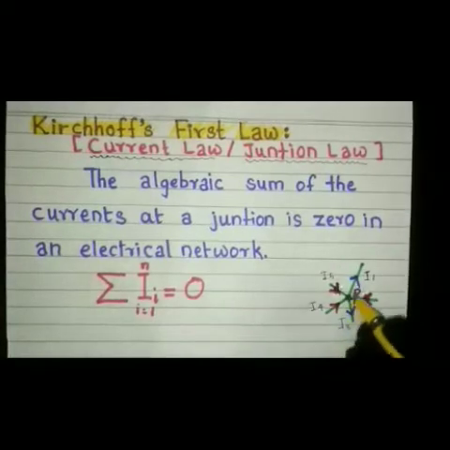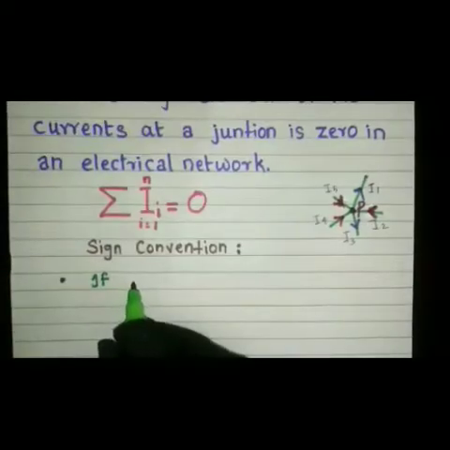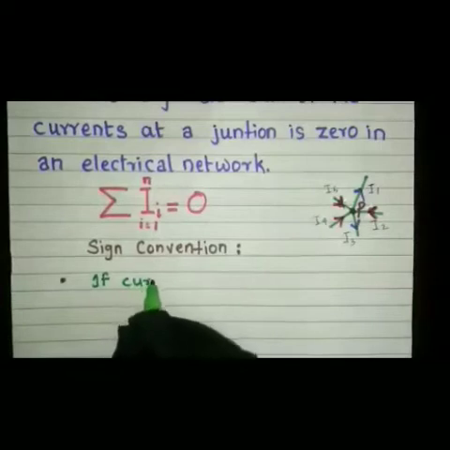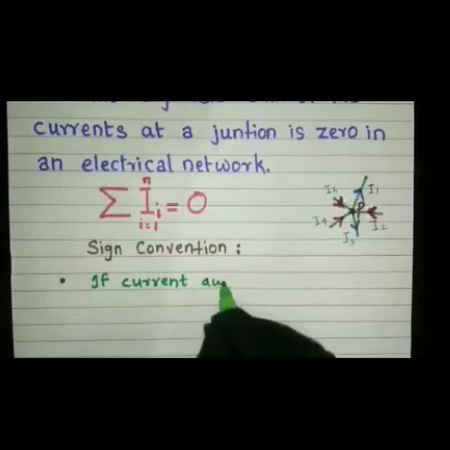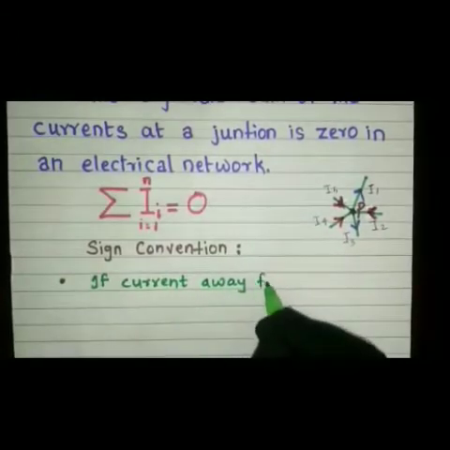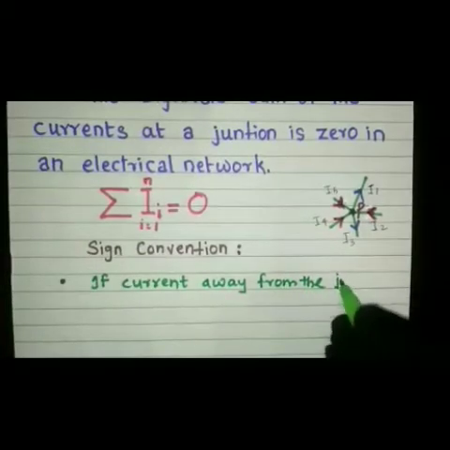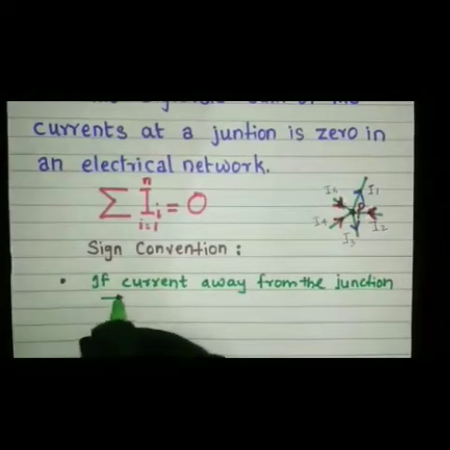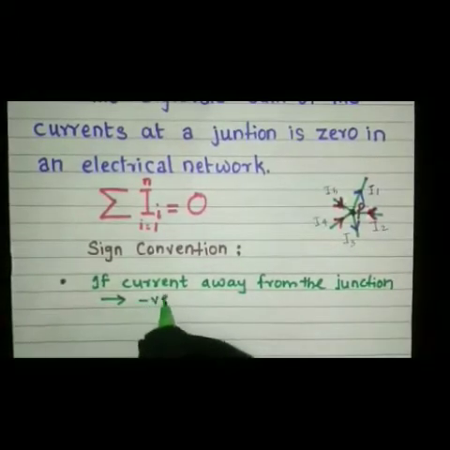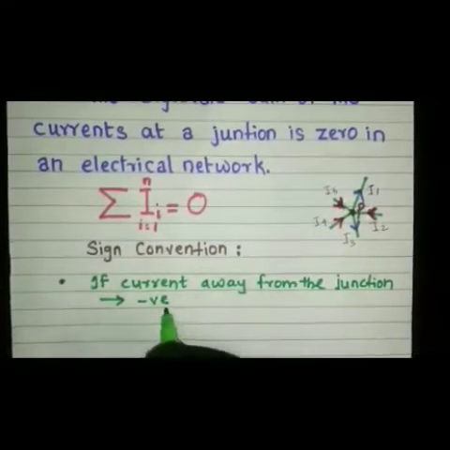So there must be some sign convention, and Kirchhoff has made some sign conventions. These are the sign conventions: if current is away from the junction, the sign will be negative. That means if current is leaving the junction, the sign will be negative.